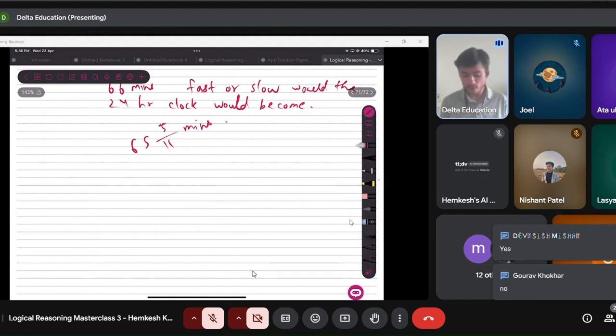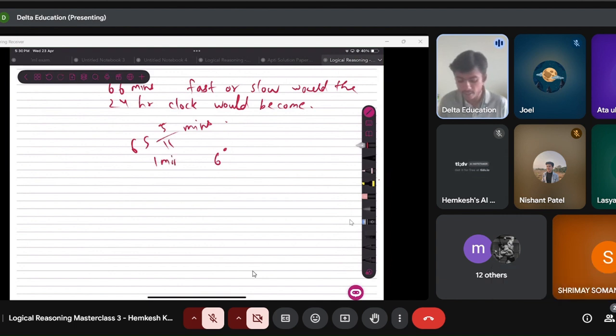See, in 1 minute the minute hand moves by 6 degrees. Similarly, in 1 minute the hour hand moves by 0.5 degrees. So we can say that in one single minute, the minute hand is 5.5 degrees ahead of the hour hand. Correct?